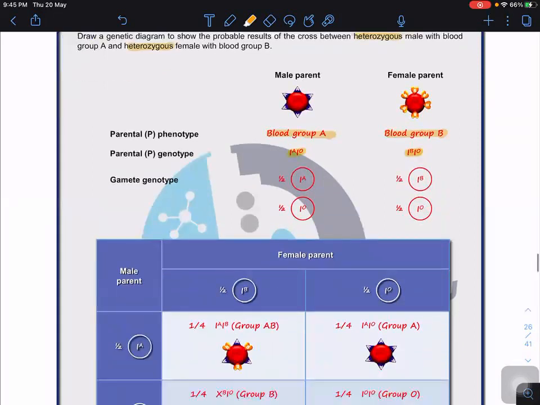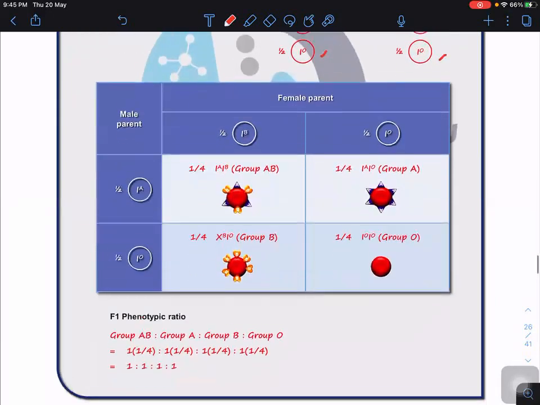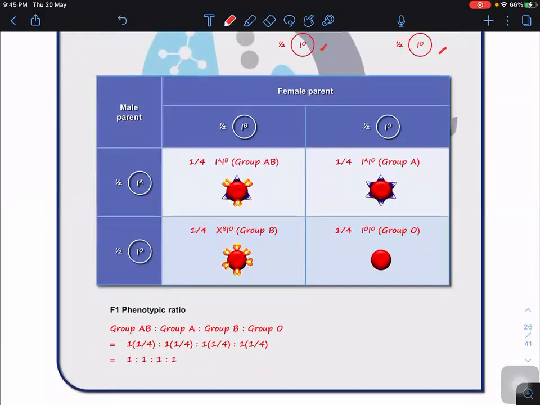So in terms of gamete genotype, half of them are IA, half of them IO, and in this case IB and IO. So what are the possible outcomes here? You can see that there is a 1/4 chance the kids will have blood group AB, group A, group B, and O. Can you see that?